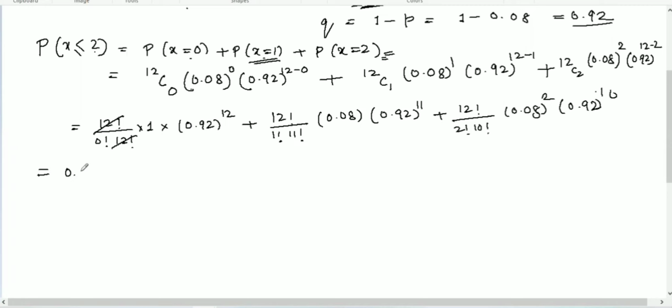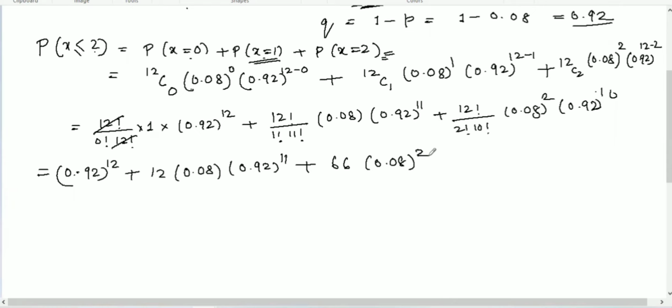We have 0.92 to the power 12, plus 12 multiplied by 11 factorial; if you cancel it out, you get 12 multiplied by 0.08 and 0.92 to the power 11, plus if you calculate it, you get 66 and 0.08 to the power 2 and 0.92 to the power 10.